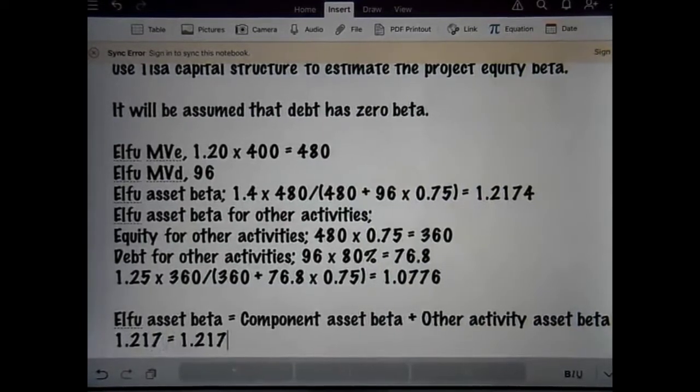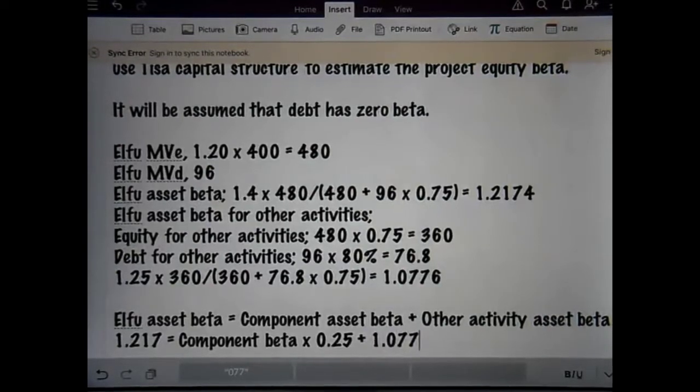Equals component beta times 0.25 plus 1.077. Let's say it's 1.078 times 0.75.